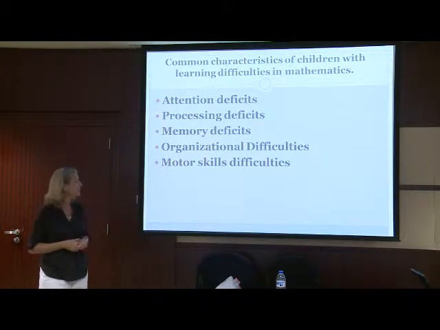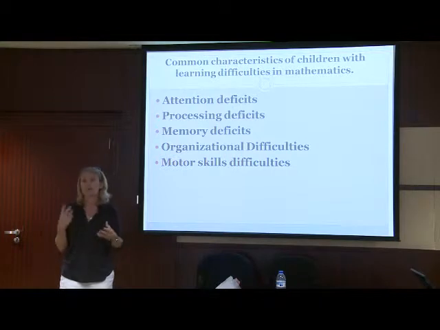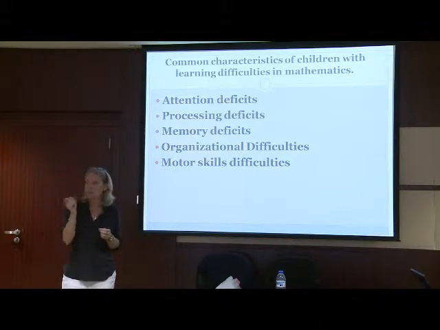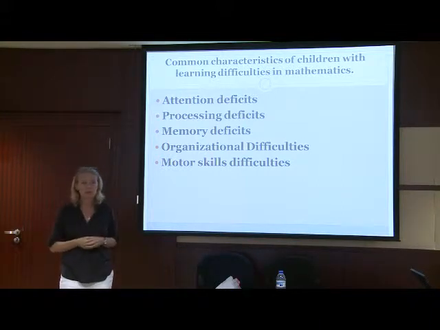Motor skills difficulties. These are things like when children are finding it difficult anyway just to put their numbers in small squares on a box, or they're finding it difficult to measure because they haven't got the fine motor skills to measure. They might be reversing numbers back and forward, which also is similar to spatial difficulties as well.